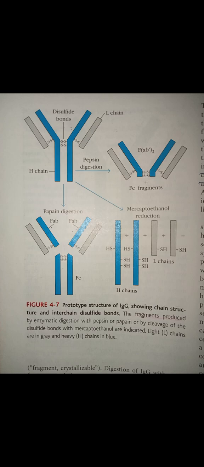Then antibodies themselves were used to determine how the enzyme digestion products F(ab')2 and Fc were related to the heavy chain and light chain reduction products. This question was answered by using antisera from goats that had been immunized with either the Fab fragments or the Fc fragments of rabbit IgG.